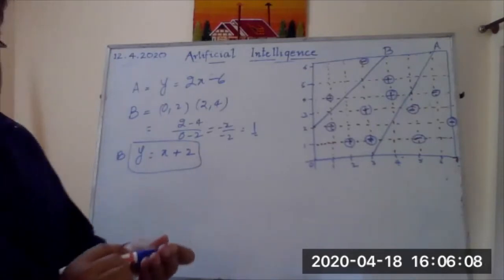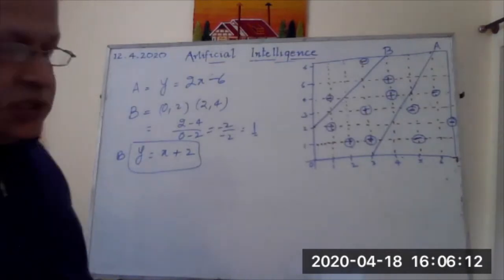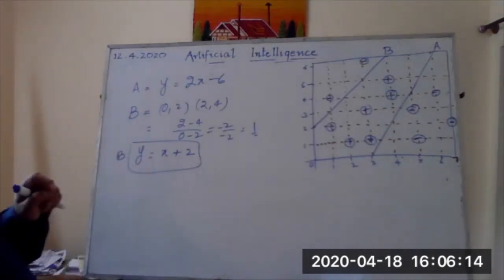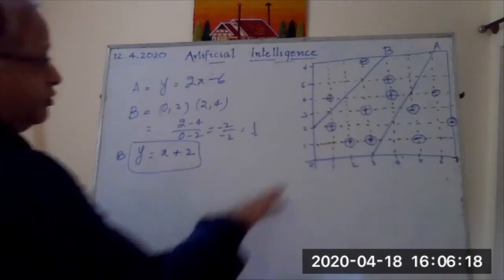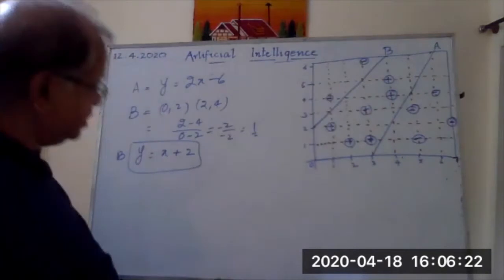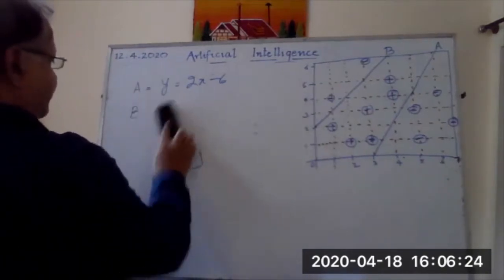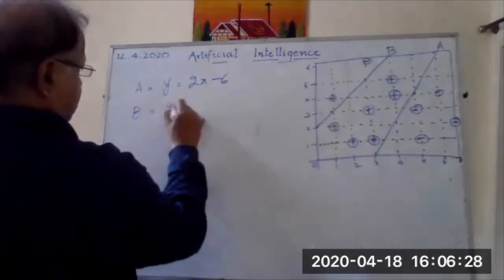Once we get these equations correctly, then we have to identify where it falls. How do these equations need to be represented?